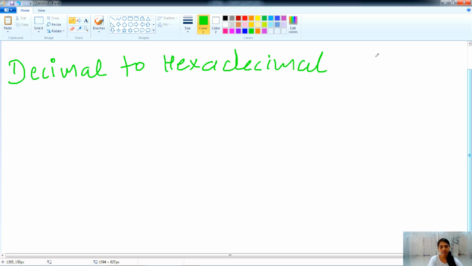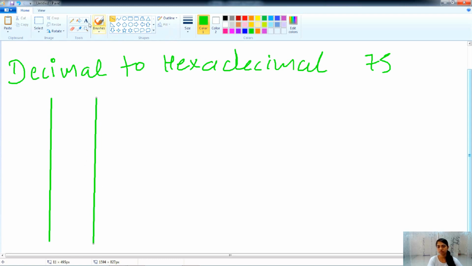So the decimal number that we have here is 75. Again, that format. 75 would be written here, and we have to divide this 75 by 16 in this case, because hexadecimal has 16 as a base.